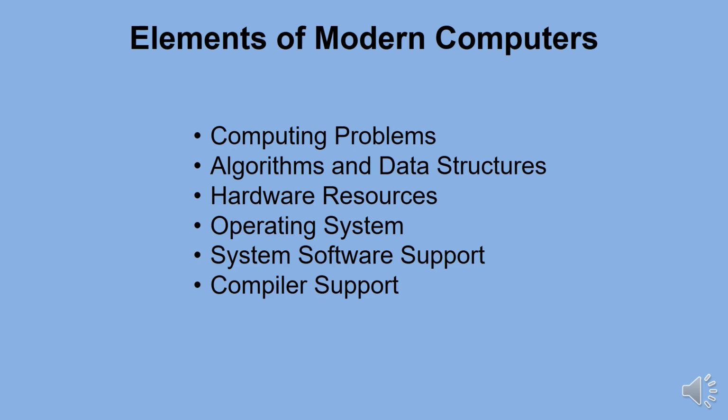After computing problems, next comes algorithms and data structures. There are a variety of data structures available: linear data structure, non-linear data structure. So for a linked list, we need to think of whether to use the normal array or a linked list, depending upon the problem.